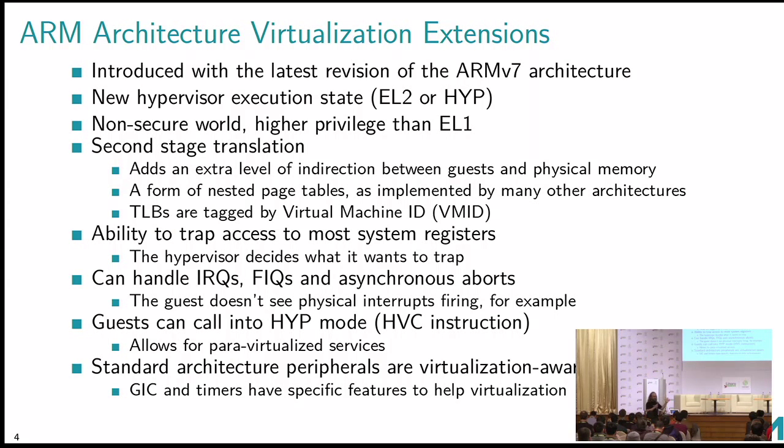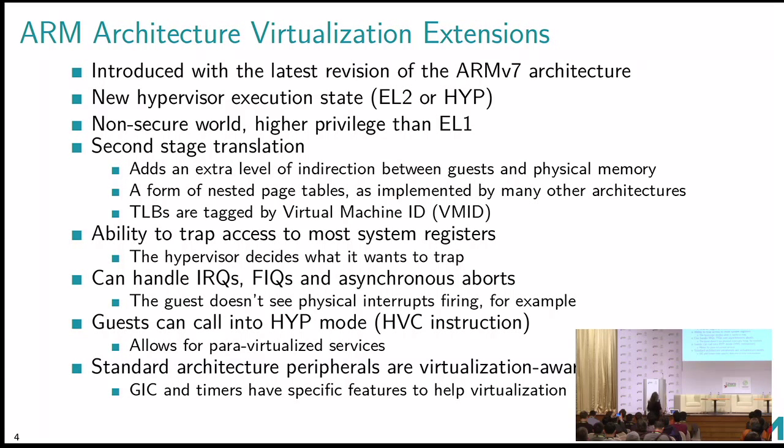It exists on most virtualization capable architectures. Nothing new here. We haven't reinvented the wheel. It has the property of having TLBs tagged by virtual machine ID, which means we don't have to flush TLBs, extremely efficient. So if you think that we are lagging behind x86, no. I mean, x86 just got that. We've had that forever.